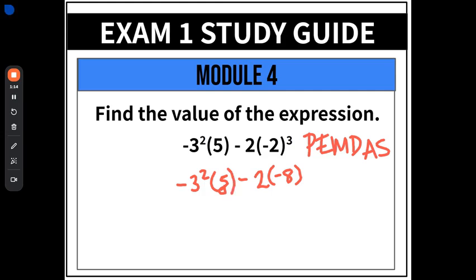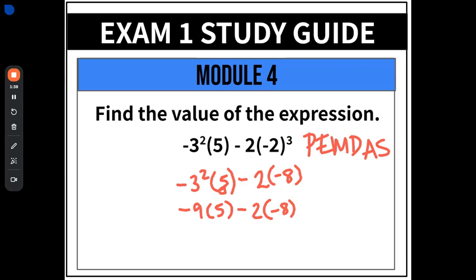Alright, so here, let's go ahead and take care of this. 3 squared right here is just going to be 9. But I'm going to leave this out here. So I'm going to write negative 9 times 5 minus 2 times negative 8.